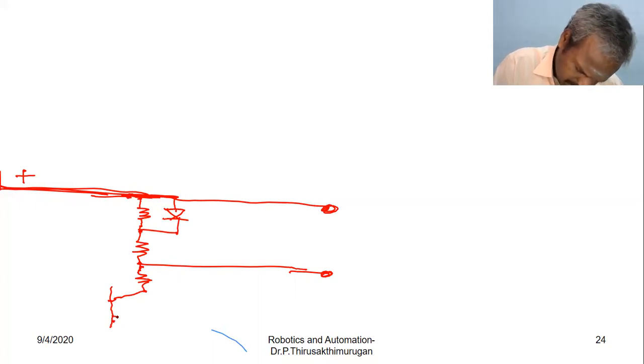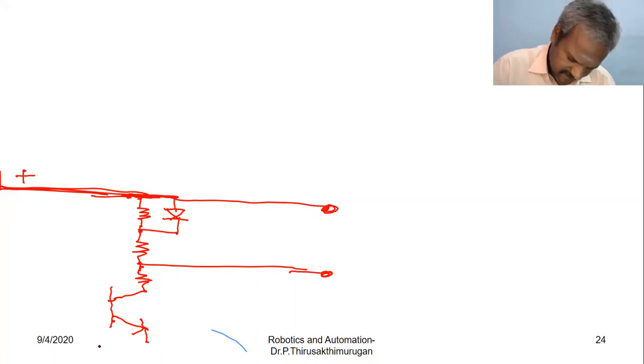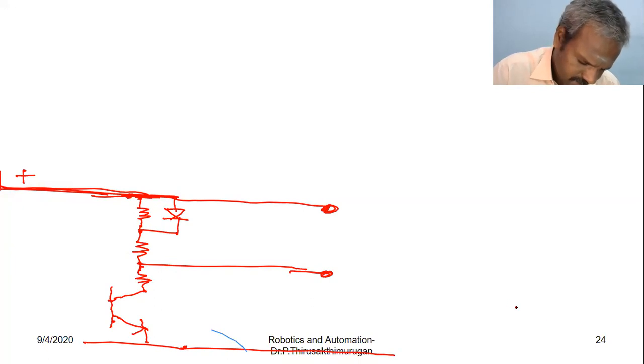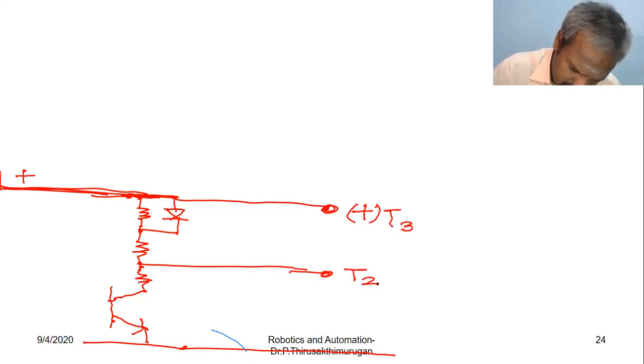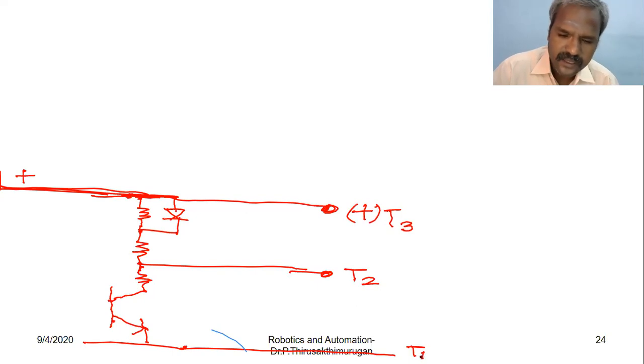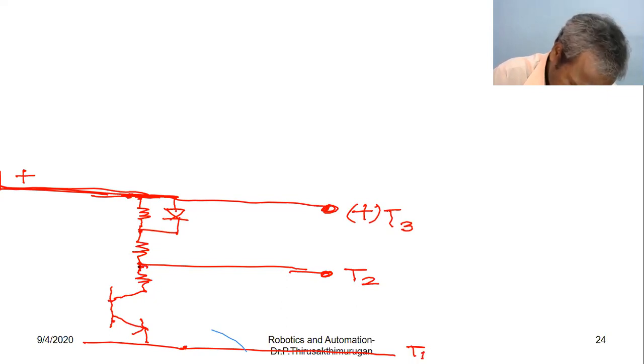Here is a PNP transistor. This is the plus terminal, T3 as usual, T2, T1. Here we use an RTD for protecting the transistor.